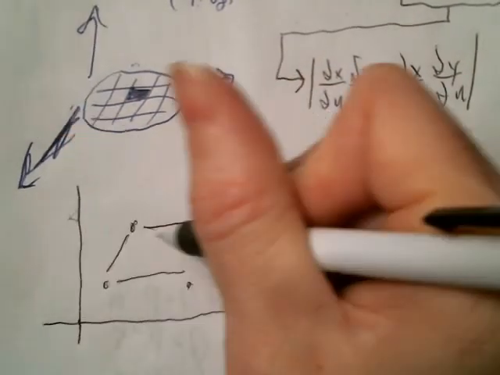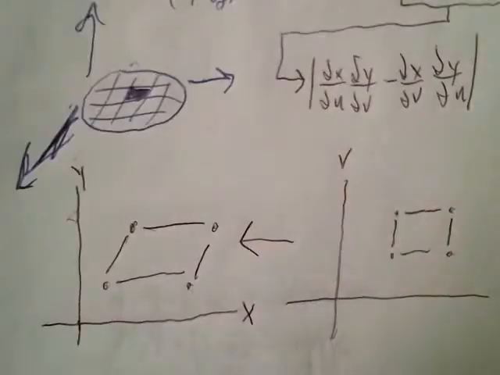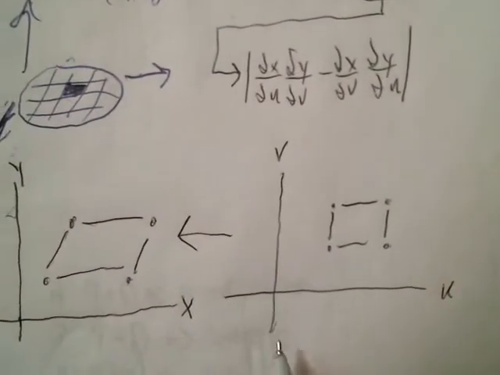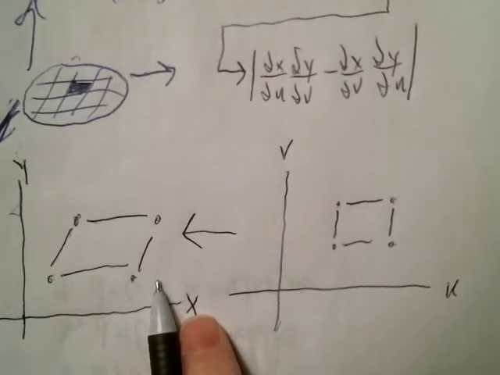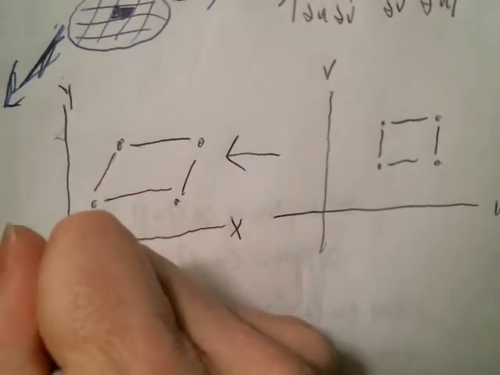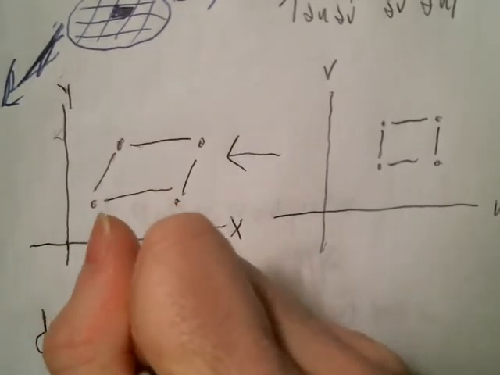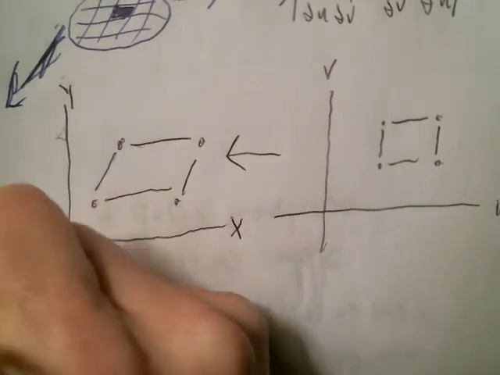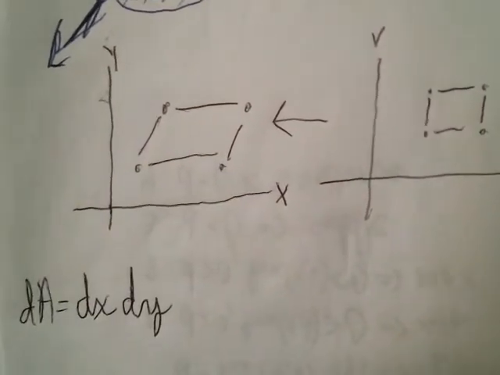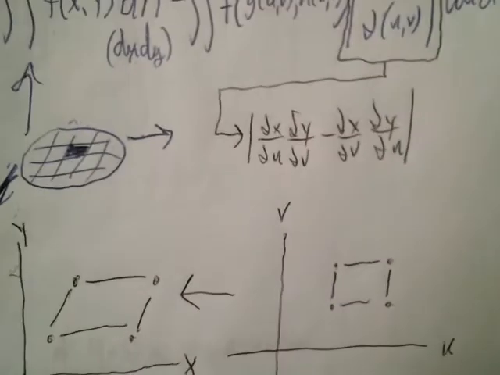And over here is the XY plane. So we want to see what happens as we go from here to here, and in doing so, we'll be able to obtain a formula for the area element, dx dy, which is our dA, in terms of u's and v's. They call that locally linear.